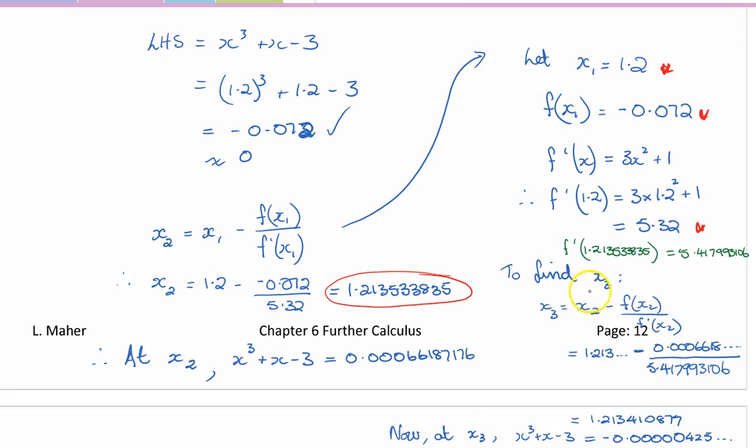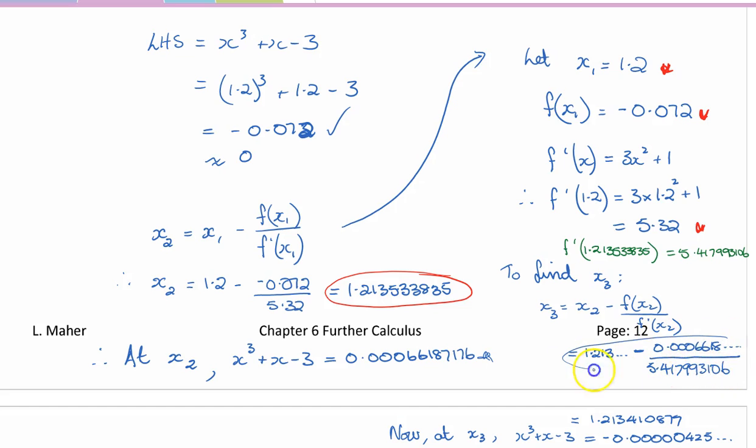You can see I've done that there. I've found x3 now. x3 uses our x2, this value, 1.2135. Using the formula, I subtract the function value at x2, which is this value here, 0.006. This one I had to work out separately, and you can see I've done that in green. Then the gradient at my new spot, 1.213, gives you 5.14, and so on.